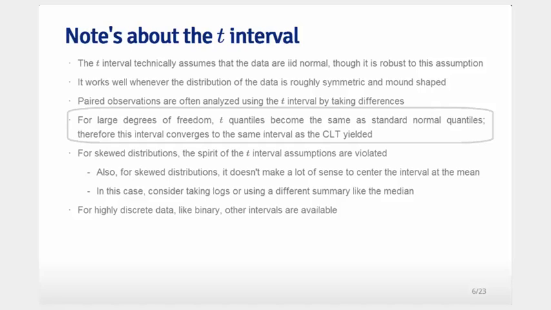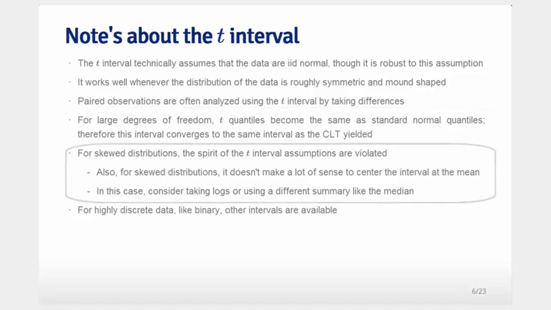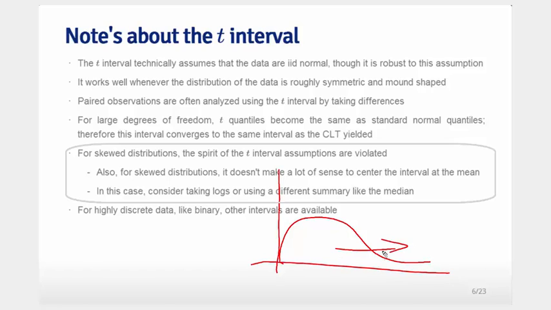Because of this, instead of picking between the t-interval and the normal interval, I always say just use the t-interval. For distributions that are skewed, in other words, distributions where some of the mass is pulled toward the right, the spirit of the t-interval assumptions are violated.